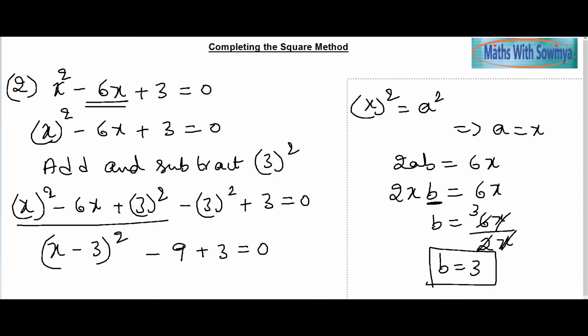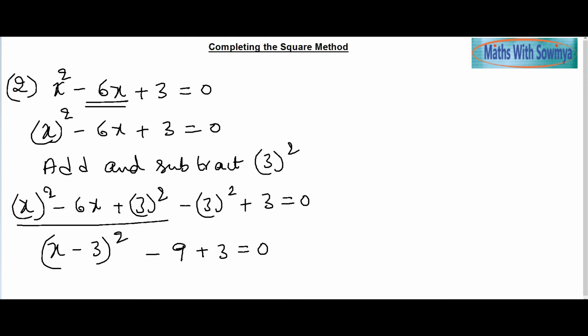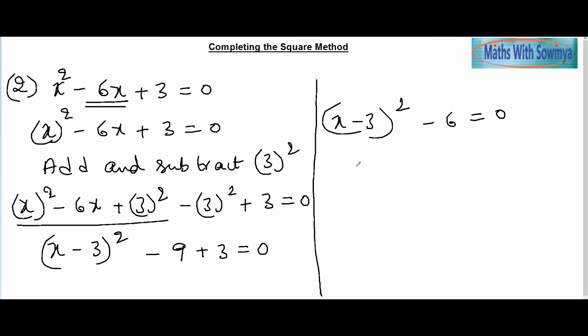Now, this will give x minus 3 whole square, minus 9 plus 3, minus 6 is equal to 0. X minus 3 whole square is equal to 6. Therefore, I can write x minus 3 is equal to plus or minus root 6.